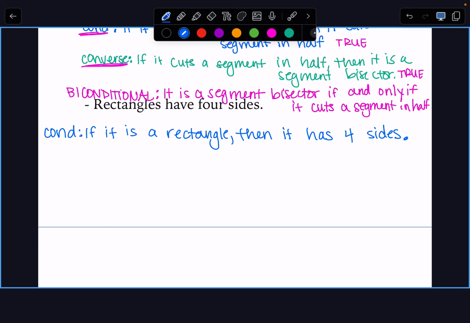Yeah. True. Hang with us here. We're almost done. Now let's talk about the converse. If we reverse that: if it has 4 sides, then it is a rectangle.